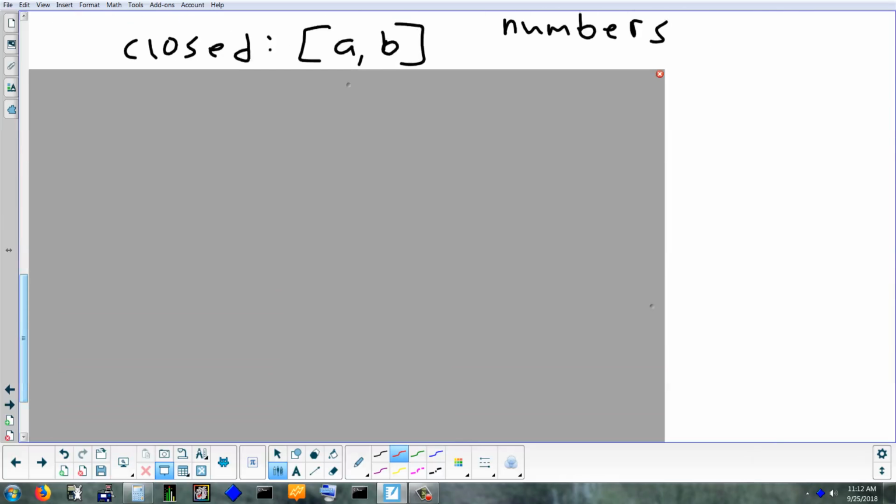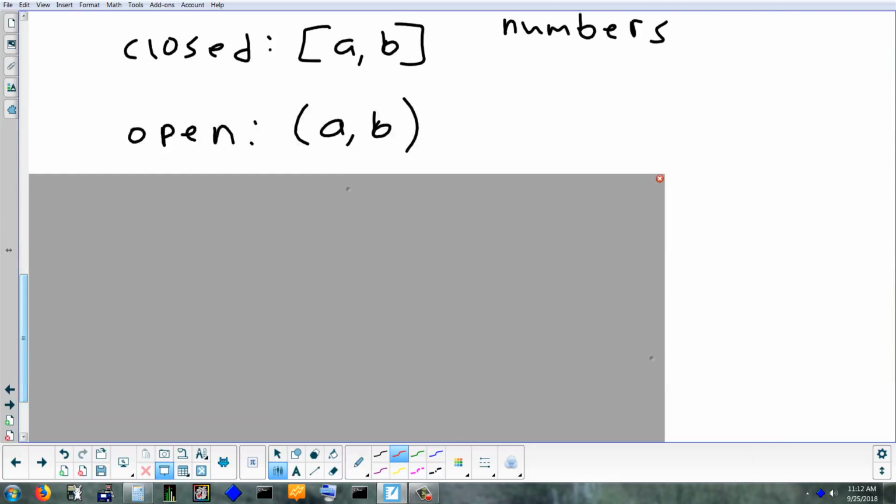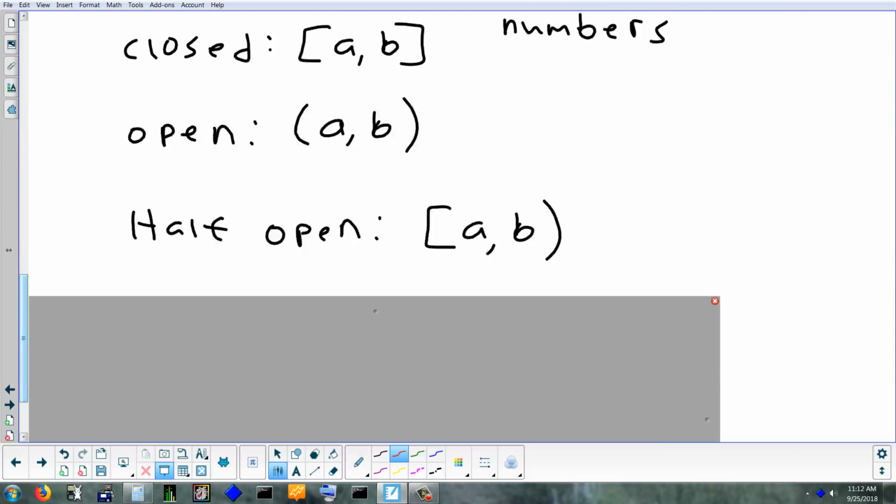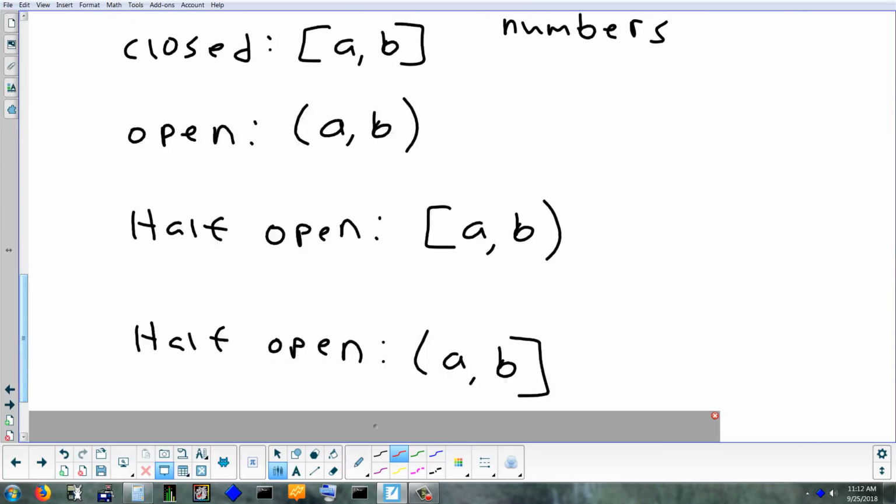Half open, or if you're pessimistic, half closed. But half open, you can have it half open on the right, or you can have it half open on the left. Either way. But those are the 4 types of bounded intervals. And just remember, bracket always gets connected to the equal to.